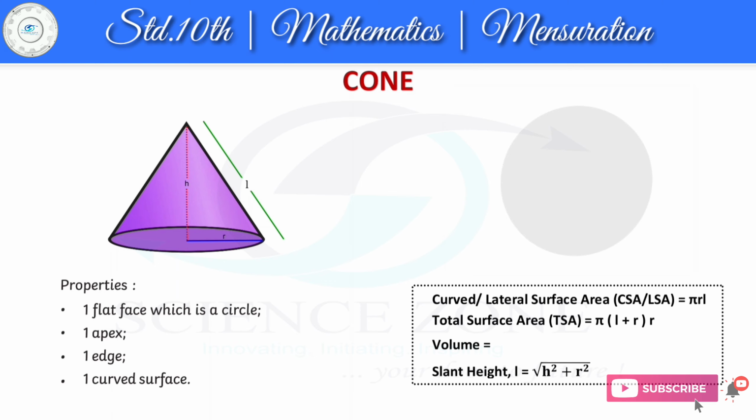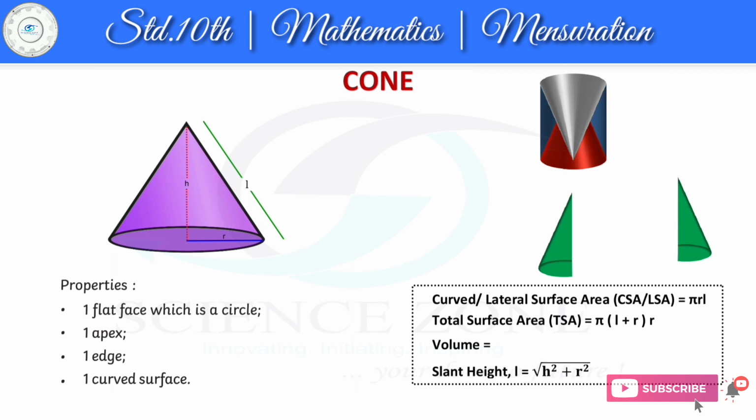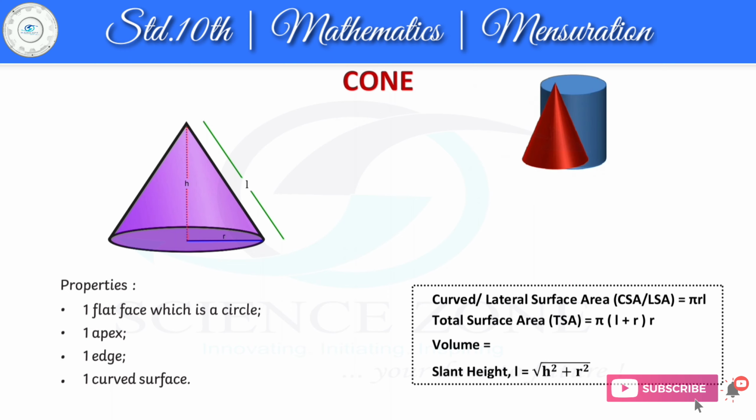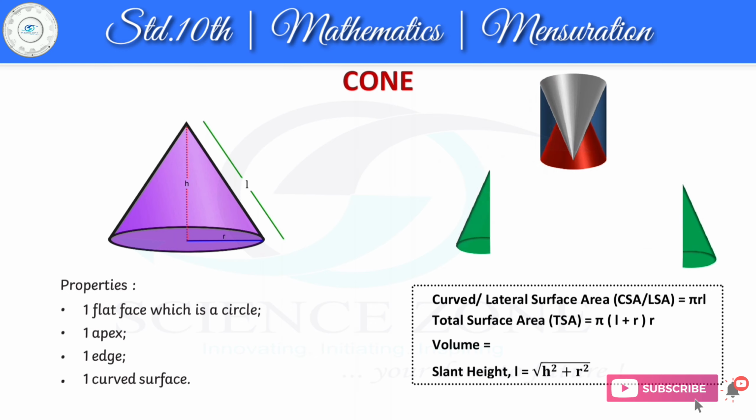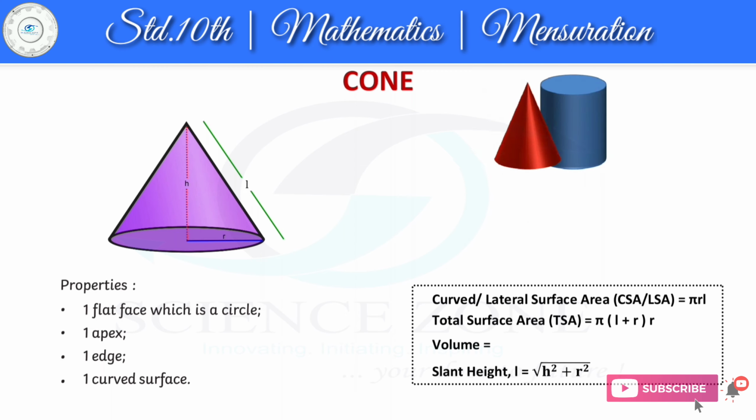Now, what is the formula for volume of a cone? Volume of a cone is 1/3 the volume of a cylinder. This is our next trick to remember the formula for volume of a cone. As we can see in the animation, there is a cylinder and 3 cones. The radius and height of the cylinder is equal to the radius and height of the cones.